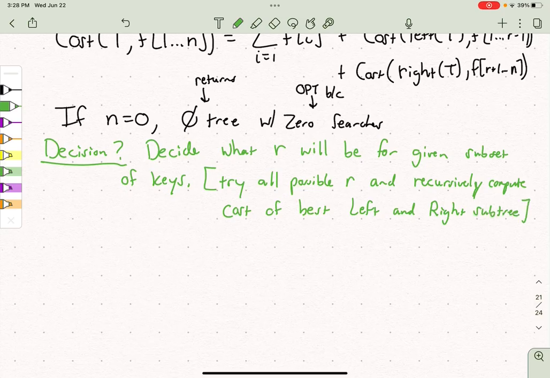Then we can just take the cost of R plus the costs computed to generate the total cost, and then we take the best total cost. So again, we're focusing on optimizing the cost, not actually picking the solutions R, but once we've done this, we can easily modify the algorithm to output R, or all the nodes in the tree, rather than just the costs.